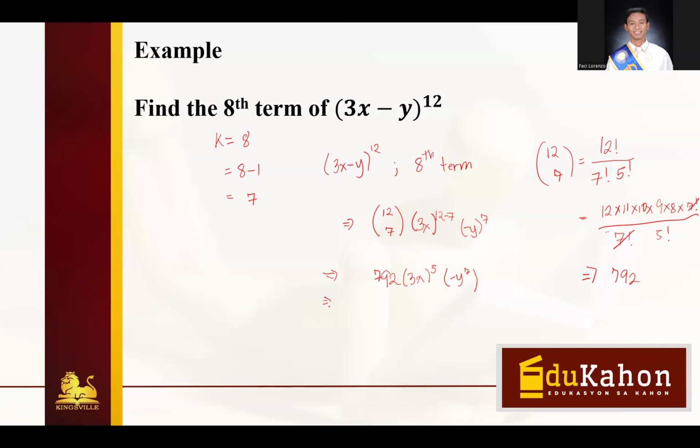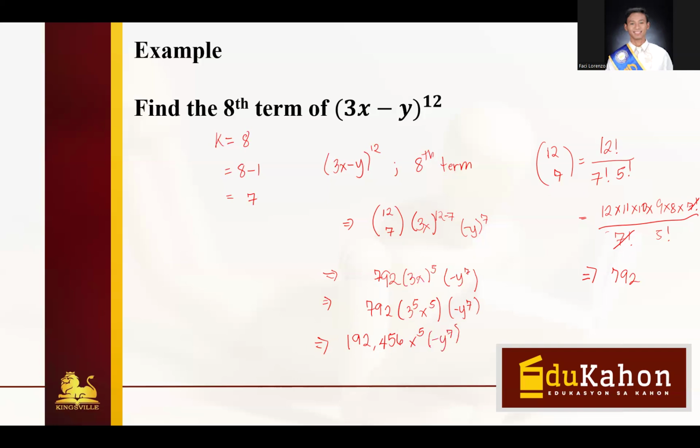So if you distribute the exponent to 3 and x, we have 792 times 3 raised to 5 times x raised to 5 times negative y raised to 7. And if you simplify 3 raised to 5 and multiply it to 792, the value will yield 192,456 x raised to the fifth power, and we have negative y raised to 7.